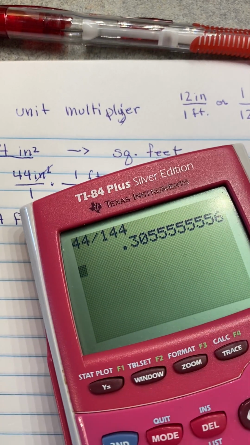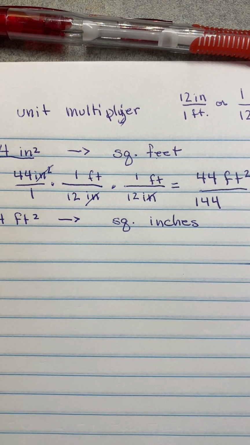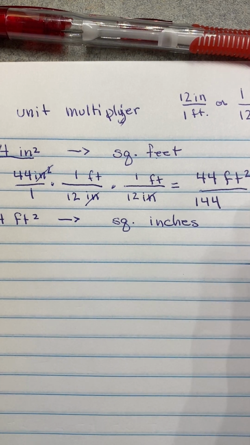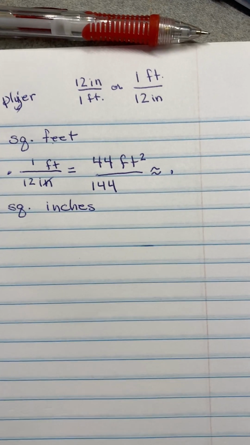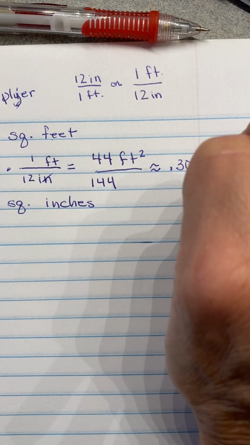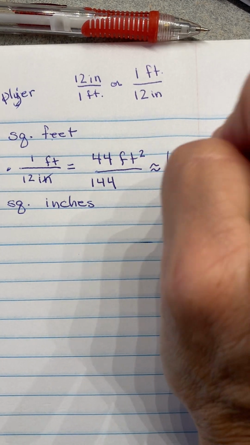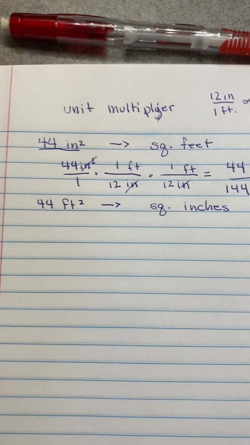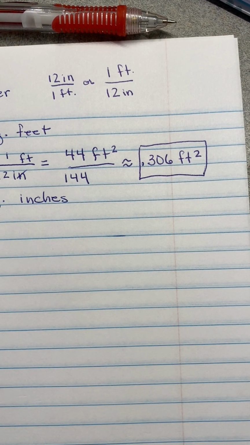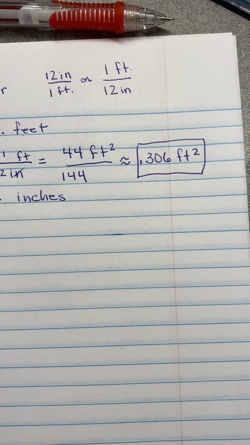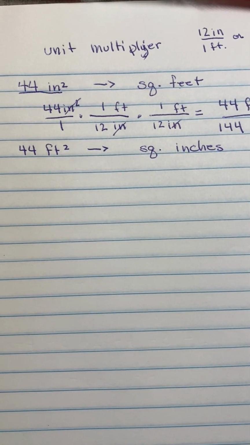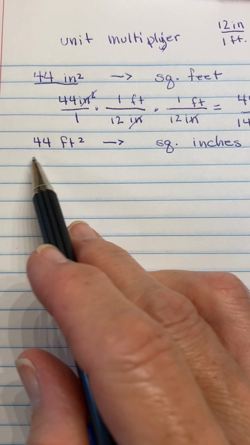We could round that off, 0.305 or 0.306, approximately equal to 0.306 square feet. 44 square inches is only equal to about 0.306 square feet.